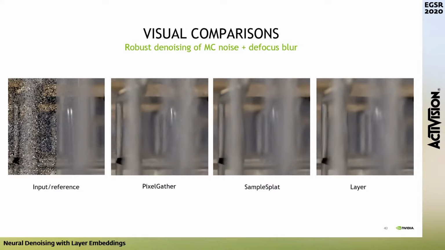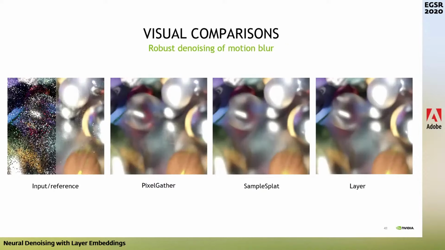Here's the classroom scene, and we see the same behavior with slightly more blotchy reconstruction in the per pixel denoiser. And finally, here's the case with motion blur, lots of specular surfaces, and outlier samples. And again, we see some blotchiness around outlier samples, while the per sample and layered approach are more smooth.